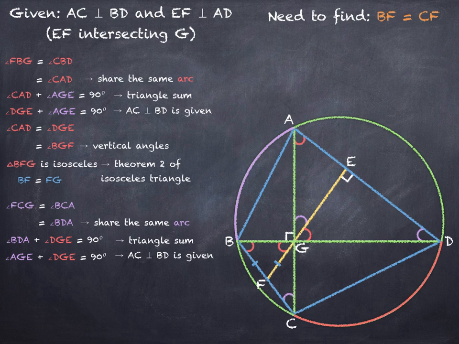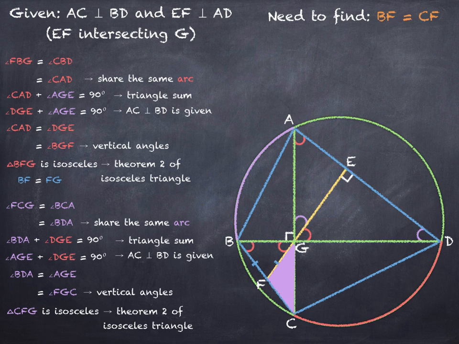By looking at these two equations, we find that angle BDA equals angle AGE, and angle AGE equals angle FGC by vertical angles. Therefore, we find that triangle CFG is isosceles by our theorem 2 of isosceles triangle. Therefore, line FG is equal to line CF.